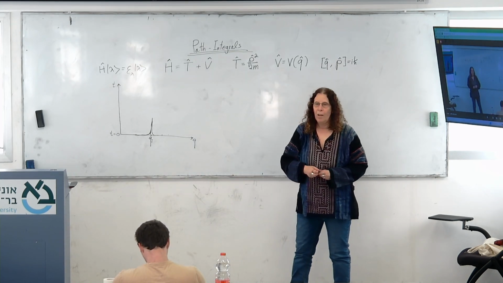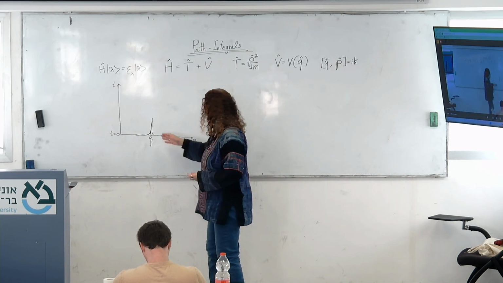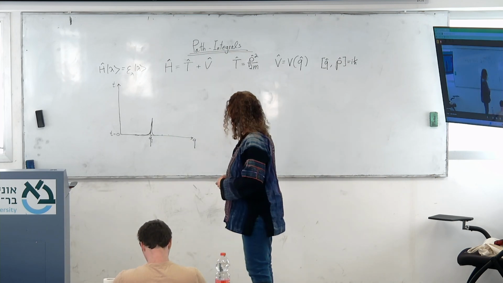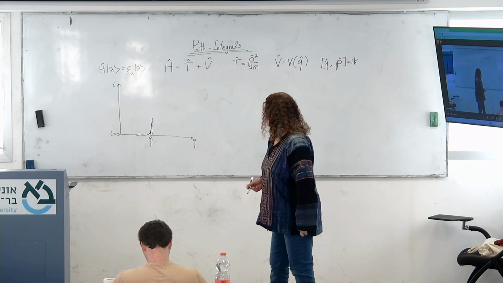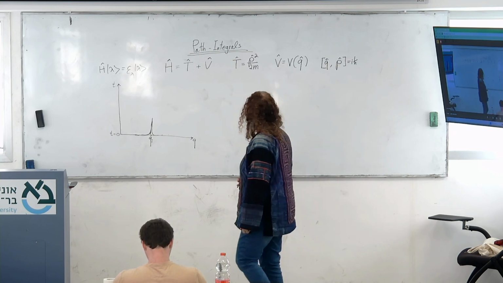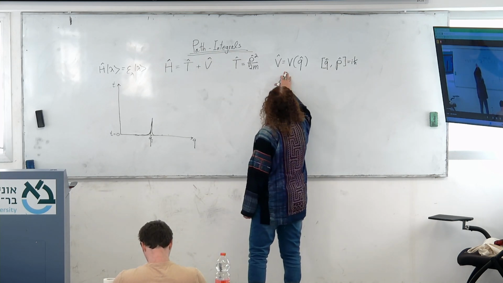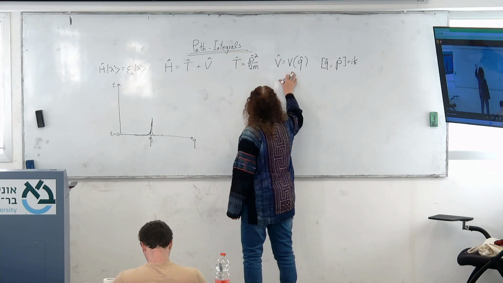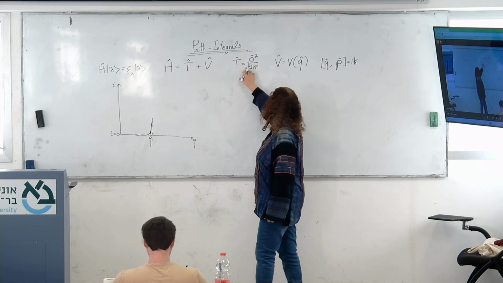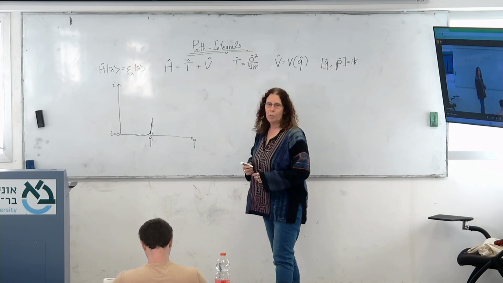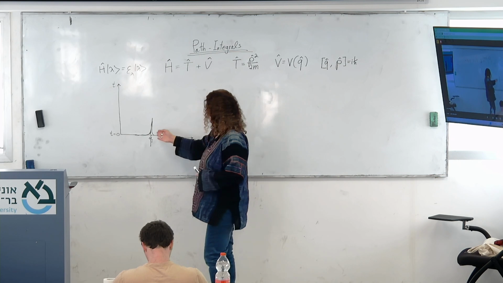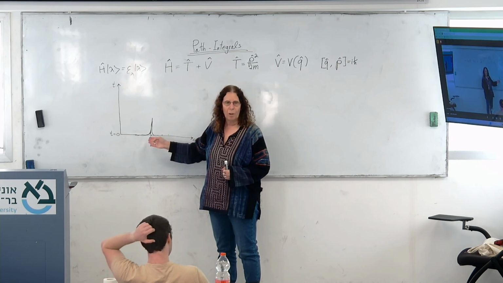And now we let it evolve in time. And when it evolves in time, it changes, right? Because our Hamiltonian contains a kinetic energy, which depends on the momentum, and momentum is not commuting with Q. So this initial state is not an eigenstate of the Hamiltonian.